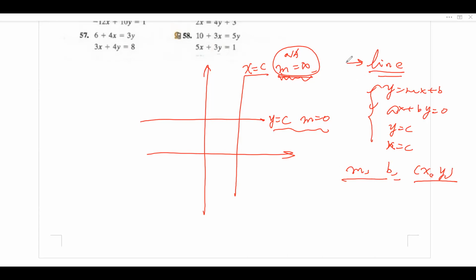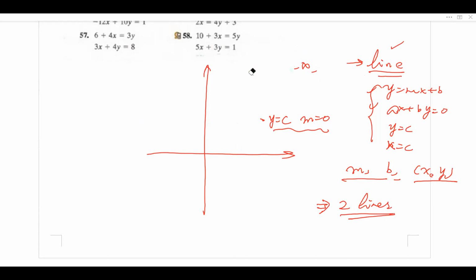So let's talk about lines. Last week we talked about two lines. When you have two lines, what happens? One line is already given. Right now you have one line given. All right, so you have another line.